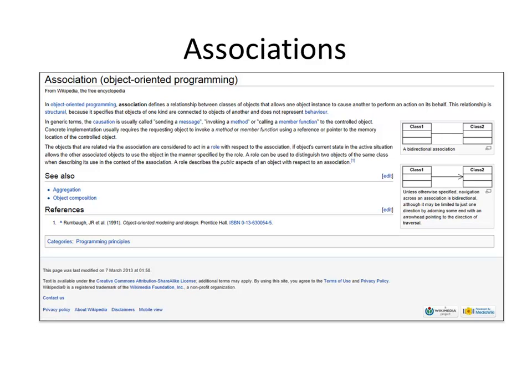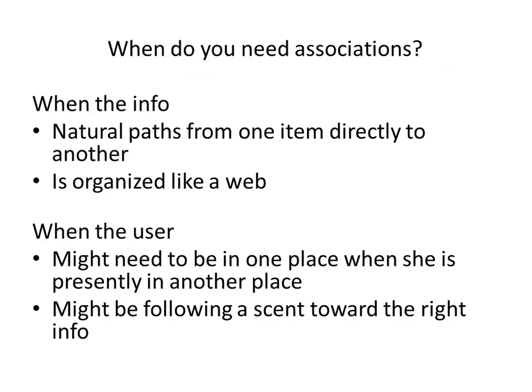Association: if you're here, I want to go here. Options to go elsewhere, from where you are here to where you might want to be. Once again, the information wants it sometimes, and the user wants it sometimes.